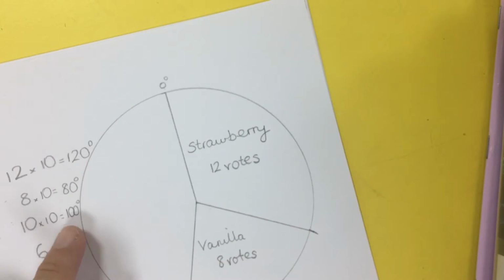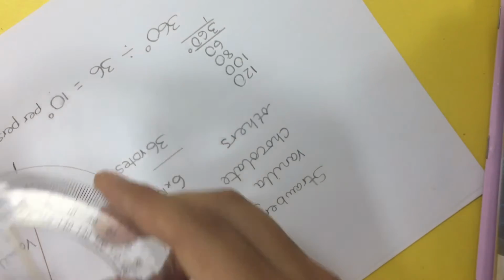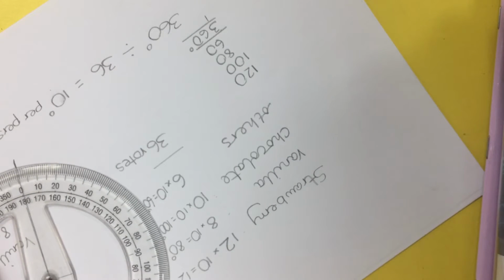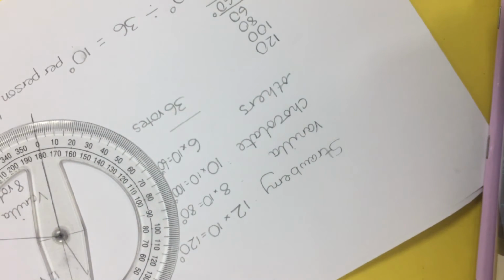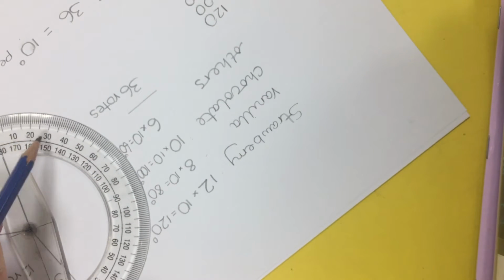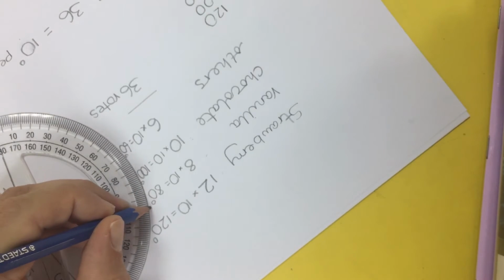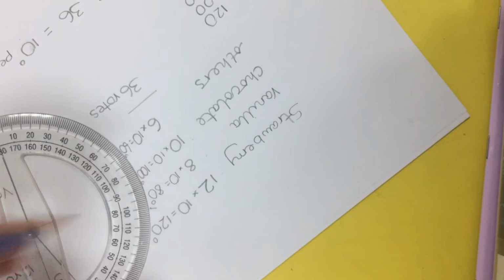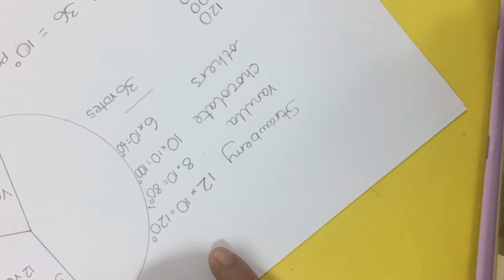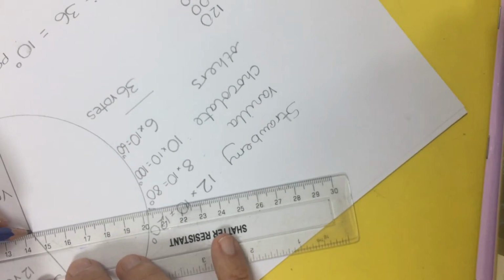And now I've got chocolate, which is worth 100, so I'm going to turn my sheet around again so that the line is pointing at the top. Get my protractor back on, dot on the center, 0 pointing upwards, and then count round once again, 10, 20, 30, 40, 50, 60, 70, 80, 90, 100. Rule it out one more time from the center to the mark that I've made.